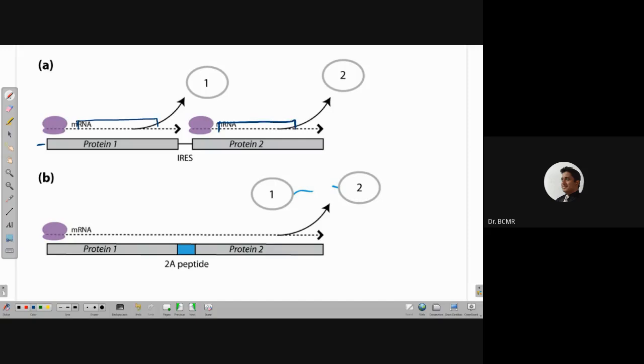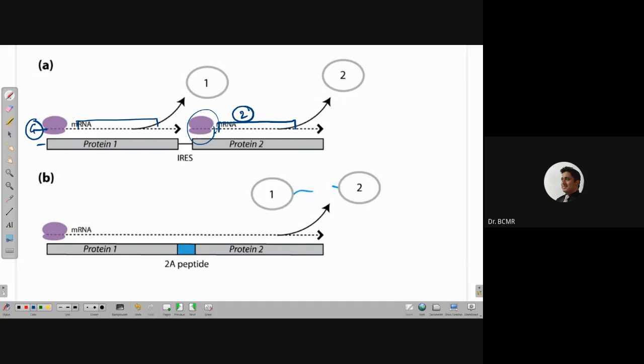As you can recollect, the G cap is kind of essential for translational initiation. eIF4 binds to it, then the pre-initiation complex is organized, and then initiation of translation happens. But if the second ORF is here, how can the ribosome organize the initiation here? That is one of the questions.